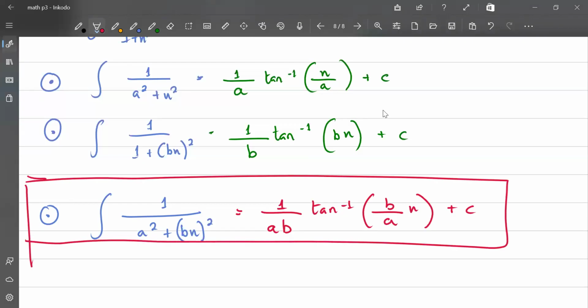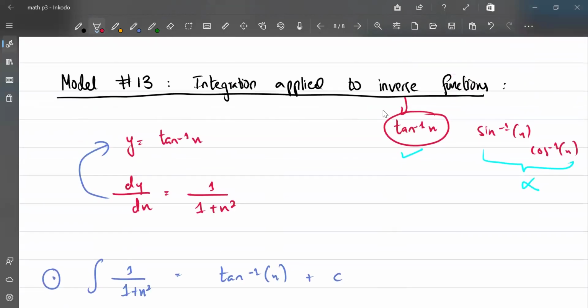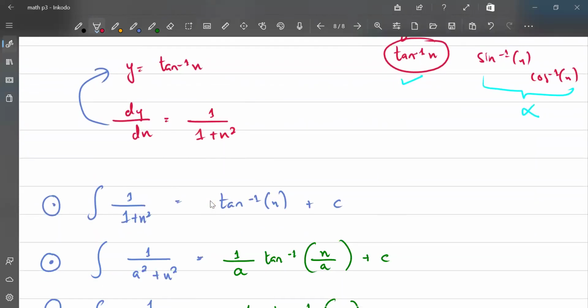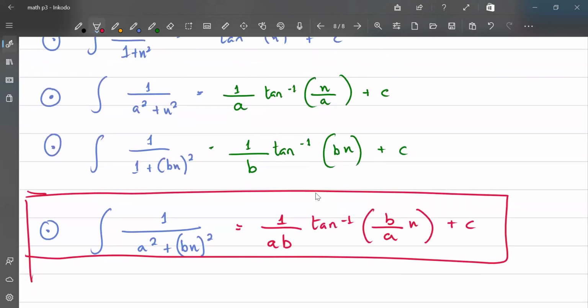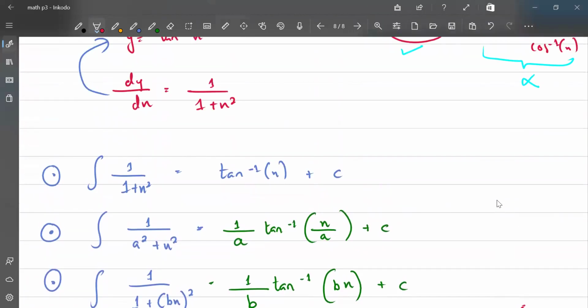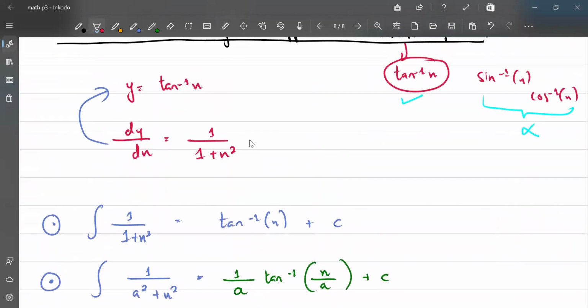Whenever you encounter an integration in this particular order, 1 upon AB, where B is inside the bracket, tan inverse B upon A x plus C, once you learn this, it would be applied in every question of this manner. This is what's happening here as well.